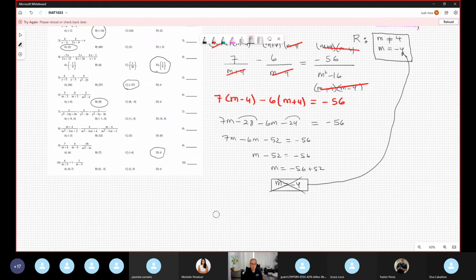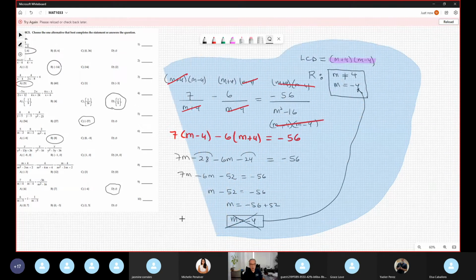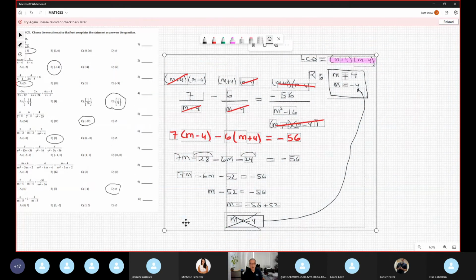Let's practice more. A more complicated, long problem in which you need to practice factorization, least common denominator, restrictions, and so on.